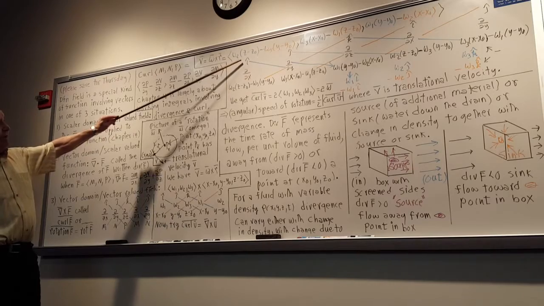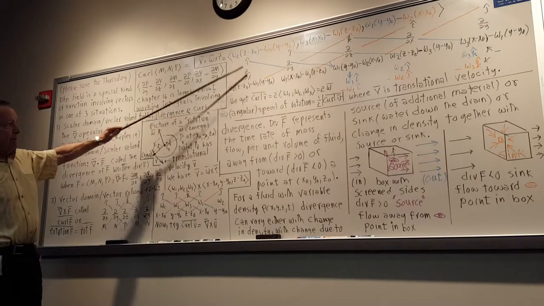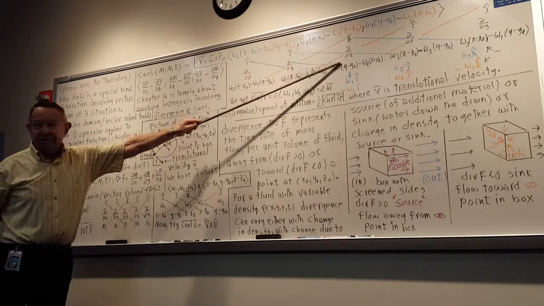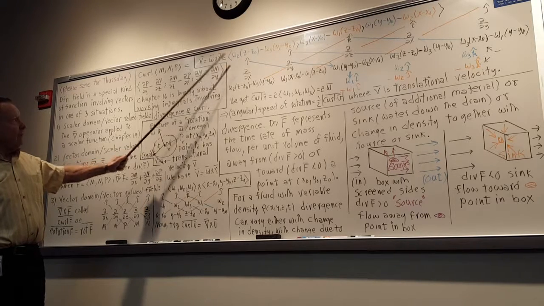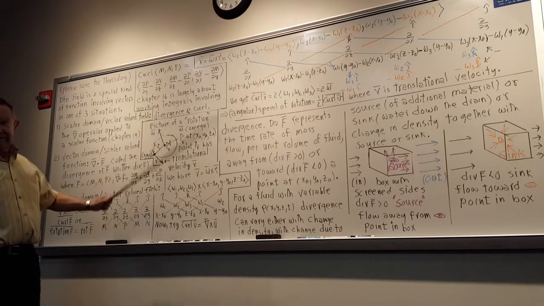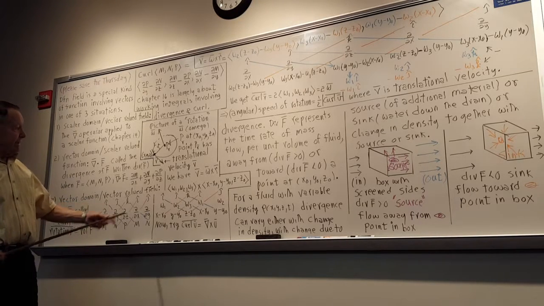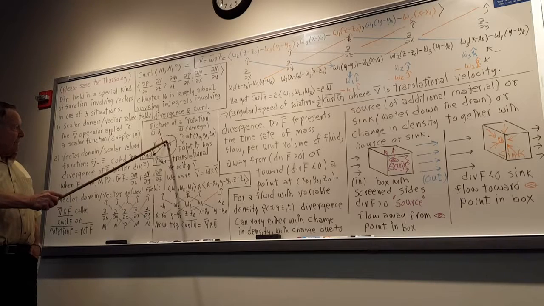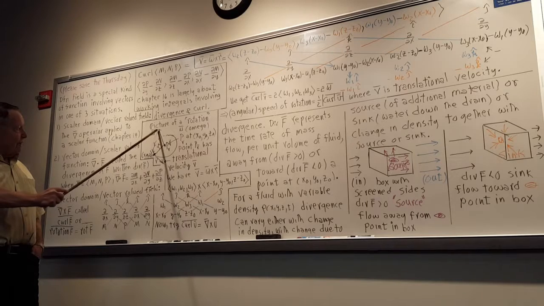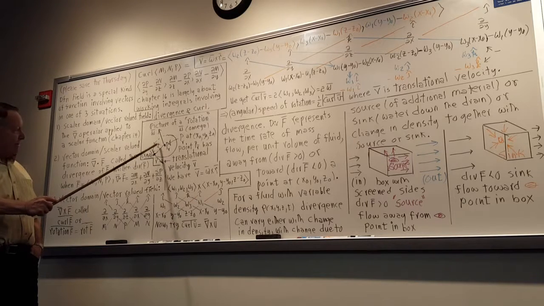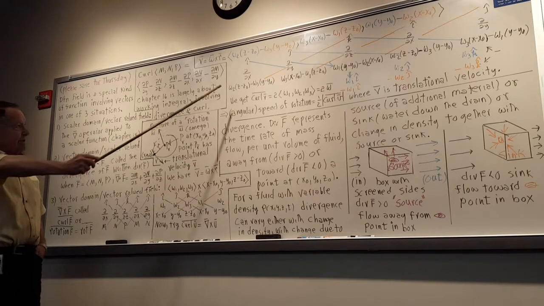Well, you have I, J, K, partial with X, partial with Y, partial with Z, and then my components for my translational velocity, which is defined as rotational velocity cross R, where the R is from where the rotational vector is to where you are measuring the translational velocity.